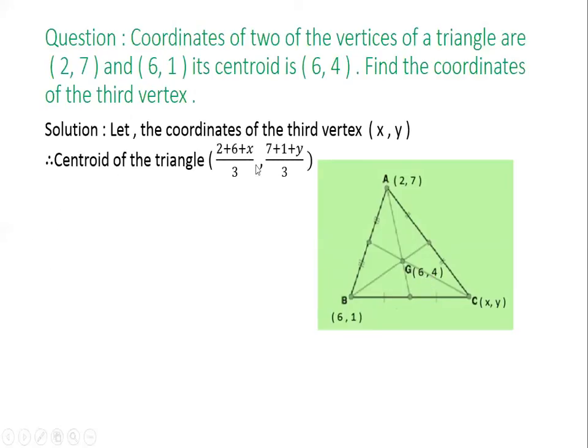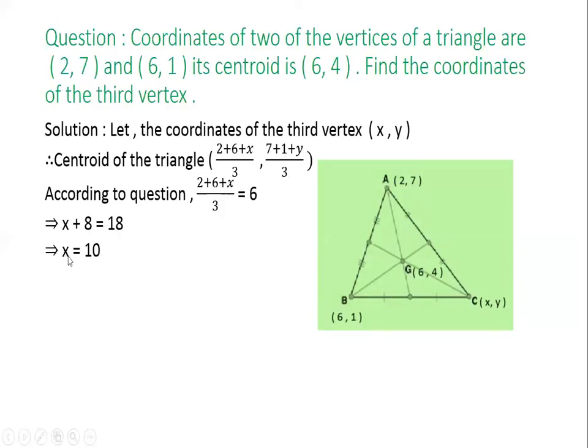For the centroid of the triangle, we can write ((2 plus 6 plus x) by 3, (7 plus 1 plus y) by 3). According to the question, (2 plus 6 plus x) by 3 equals 6, because the x coordinate is 6 here. After calculation, we can write x plus 8 equals 18.